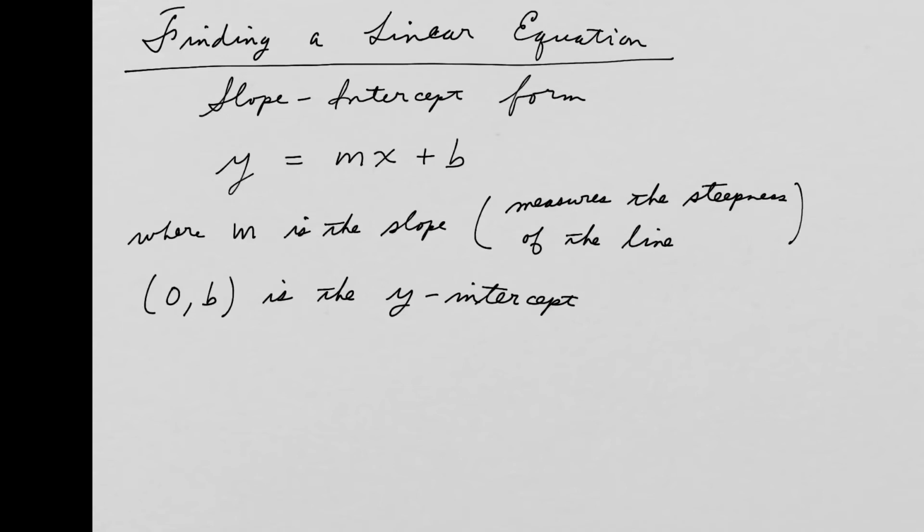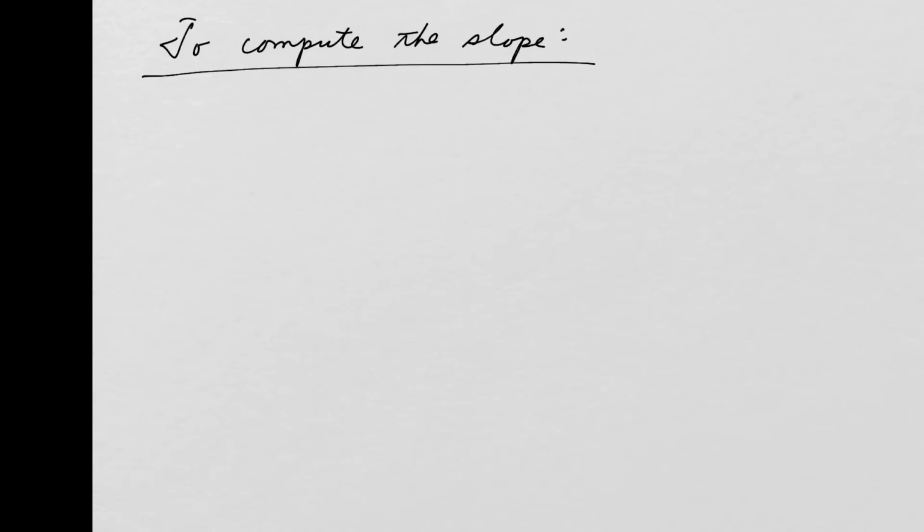Okay, let me remind you how to compute the slope. So let's say I have, here I'll draw a Cartesian coordinate system. Let's say I have a point here and a point there.